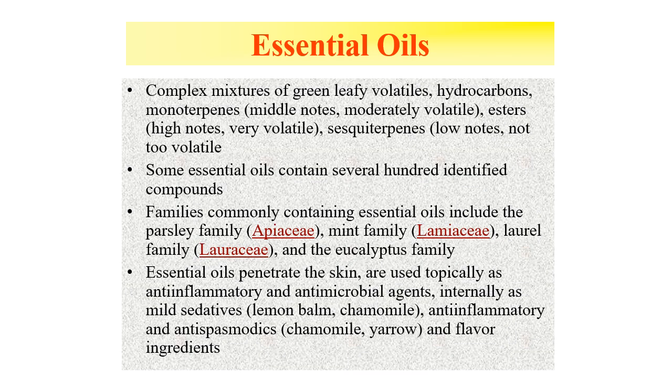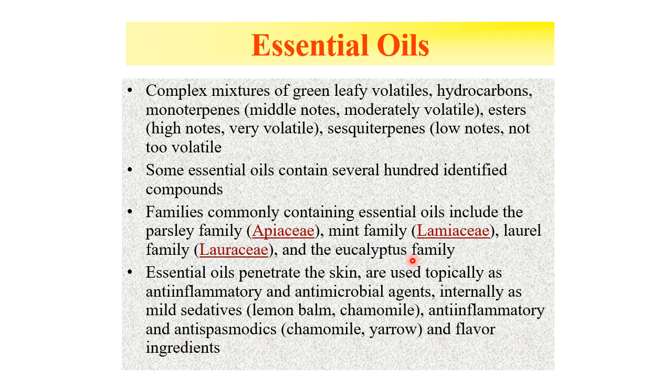Now, here's another summary: essential oils are complex mixtures, which we discussed. But there are certain families that do produce essential oils, and that is the Apiaceae, or the parsley family, Lamiaceae, the mint family, and Lauraceae, the camphor family, or laurel family, like camphor and cinnamon.